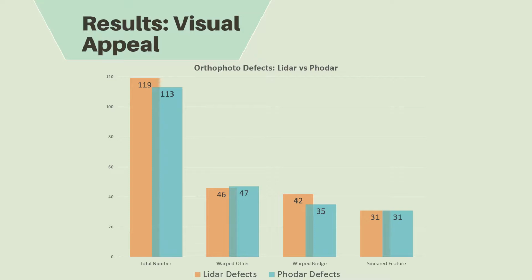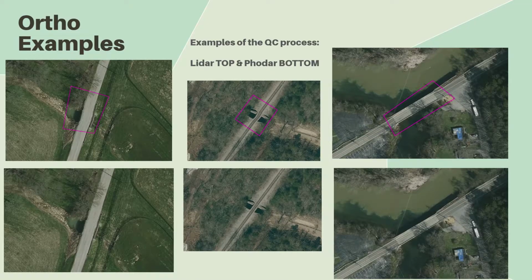Having said that, overall, the visual quality between the two datasets is so close that the overall effort required to eliminate the defects in the final product is likely about the same. In this slide, you'll see some examples of bridges that were warped in the LiDAR-derived imagery on the top row, but were not warped in the phodar dataset on the bottom row.